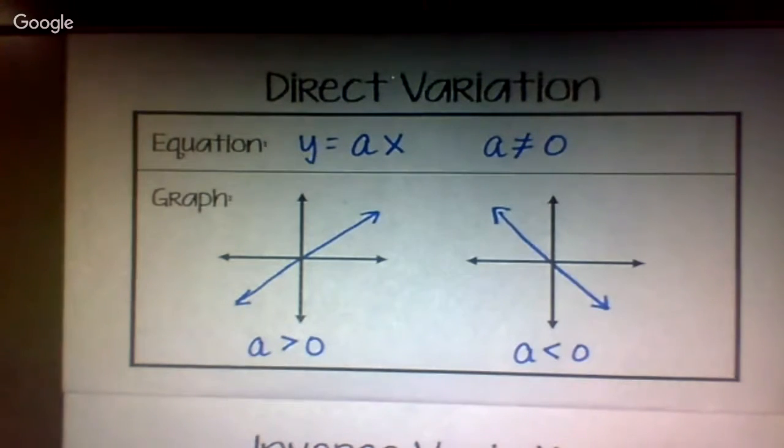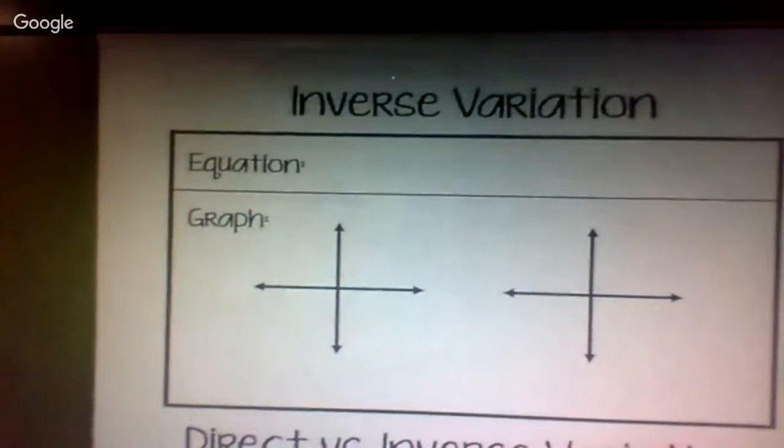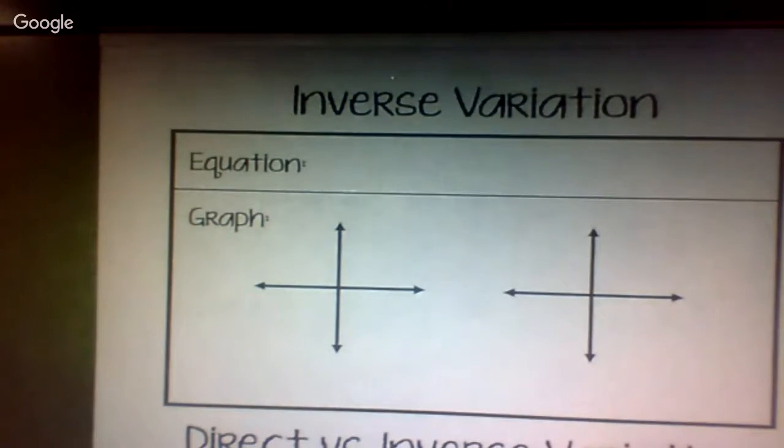Inverse variation is going to draw the graph of a hyperbola. It's called a hyperbola. Okay, so direct variation was where we had y equals a times x. What do you think inverse variation is going to be? Divide.